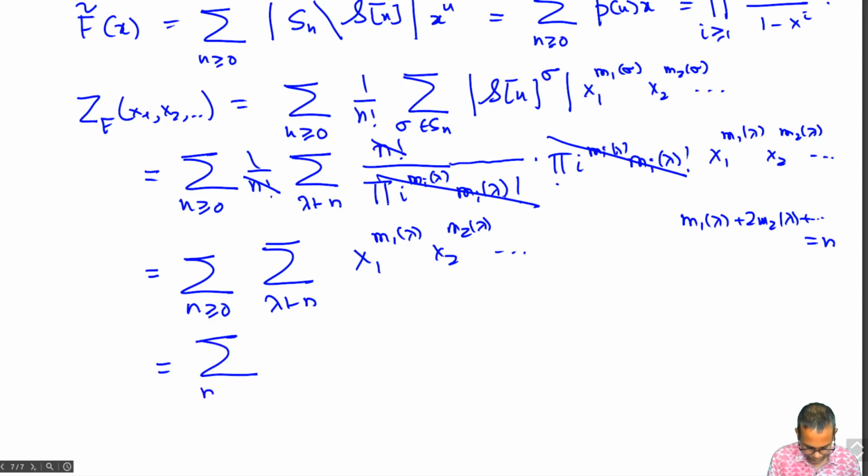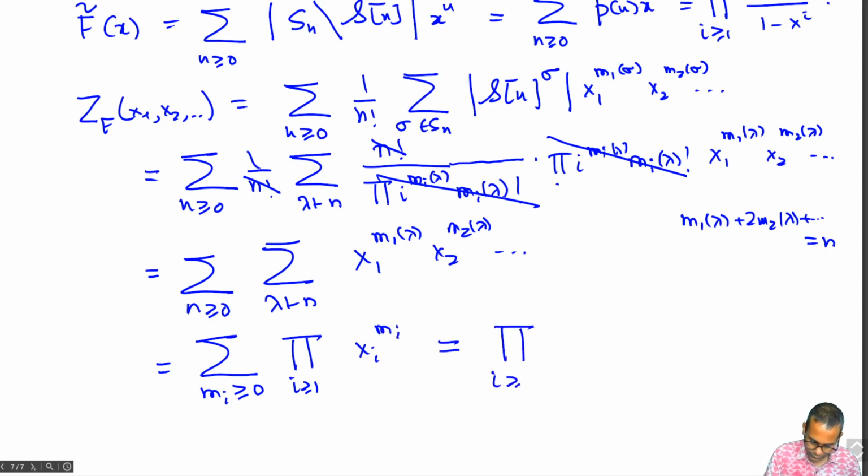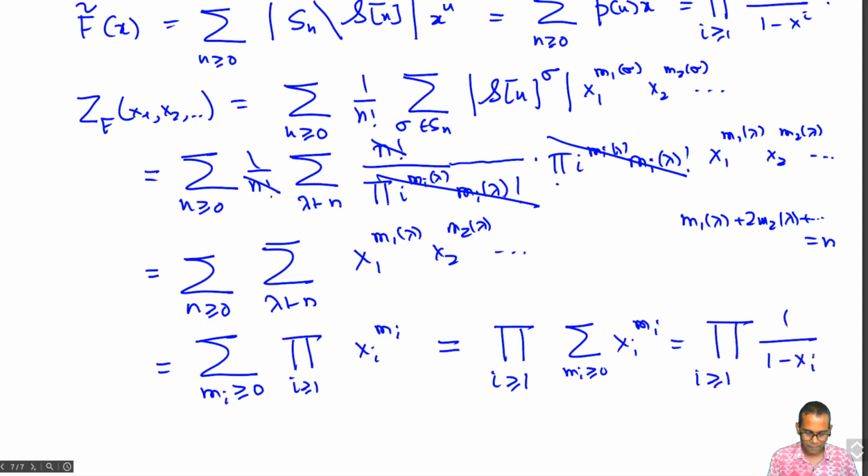So what we get is mi greater than or equal to 0, product i greater than or equal to 1, xi raised to mi. But interchanging sum and product here using distributivity, we get xi raised to mi, which is product i greater than or equal to 1 of 1 over 1 minus xi.